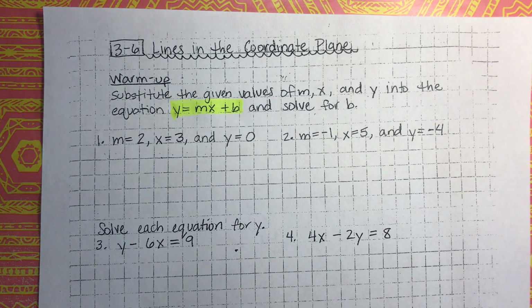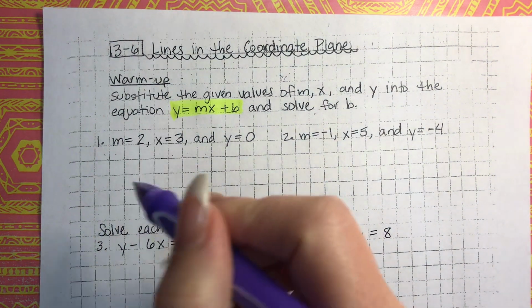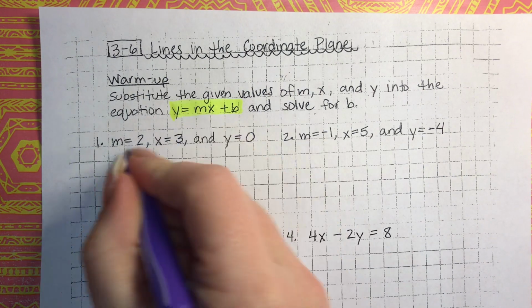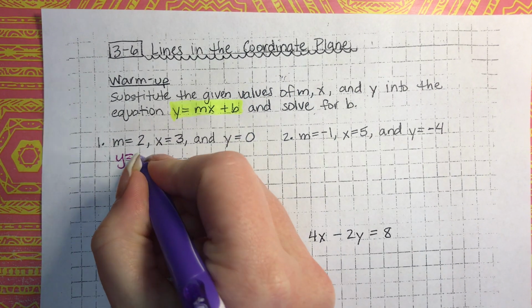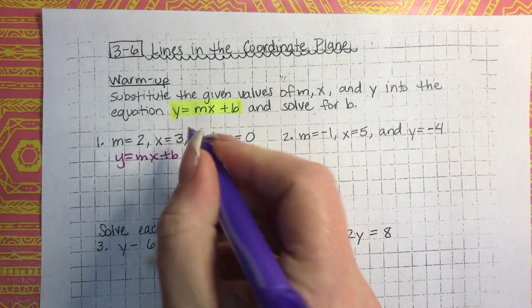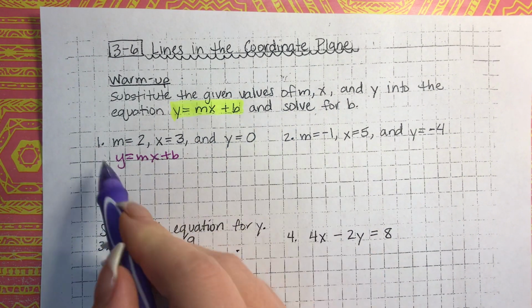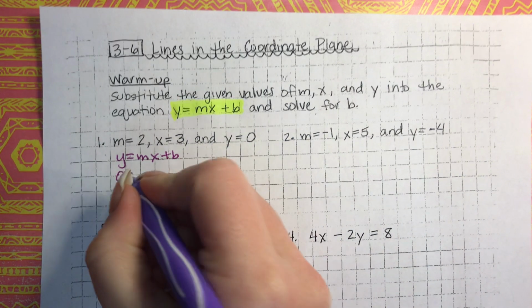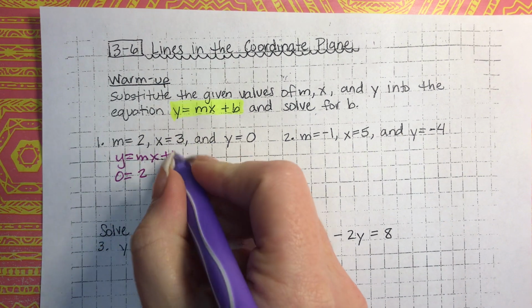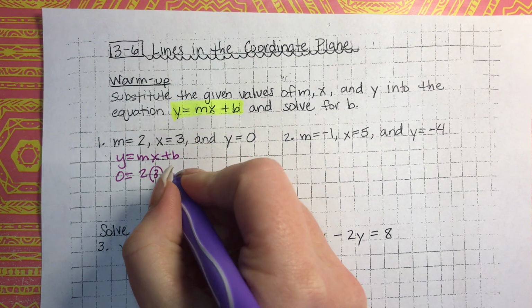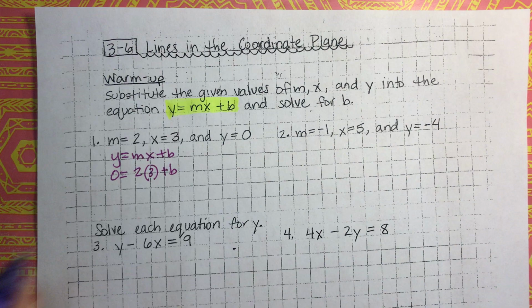All right, let's go ahead and see how you did on problem number 1. So I'm going to write this slope-intercept formula here, y equals mx plus b, and then substitute these values in. So y is 0, the slope is 2, x is 3, plus b. And then I'm just going to solve for b.